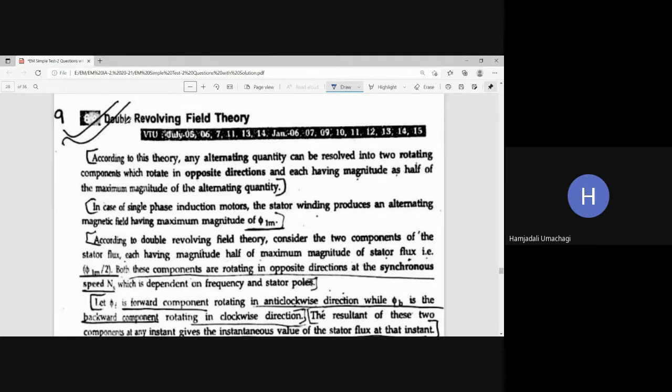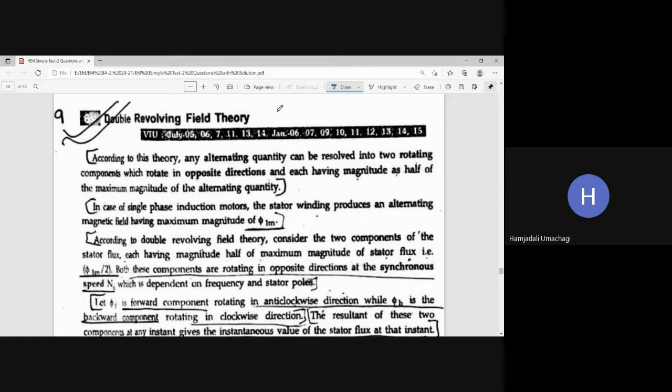So the AC component has two components, which act opposite to each other but equal in magnitude. Both rotate in opposite directions, each having half the magnitude of the resultant.